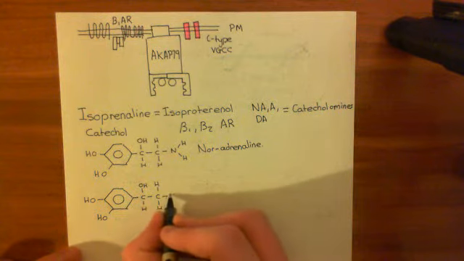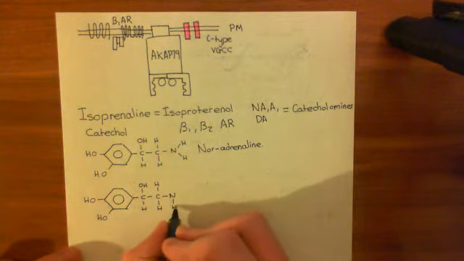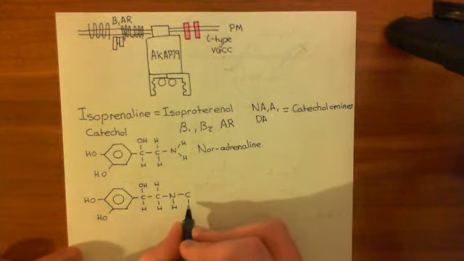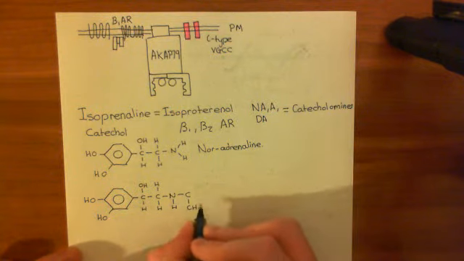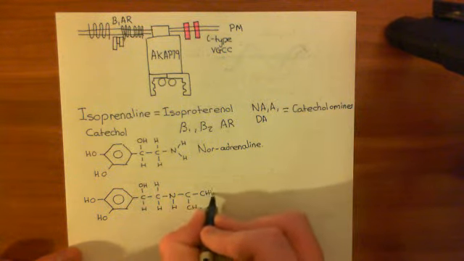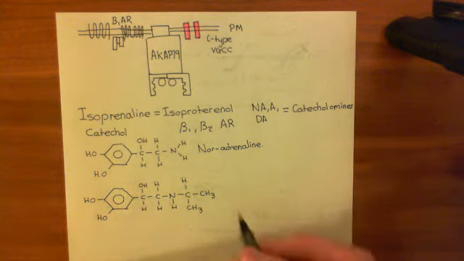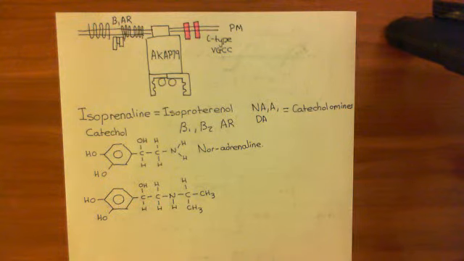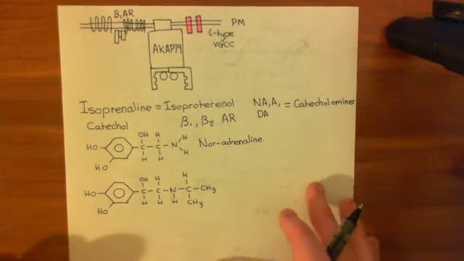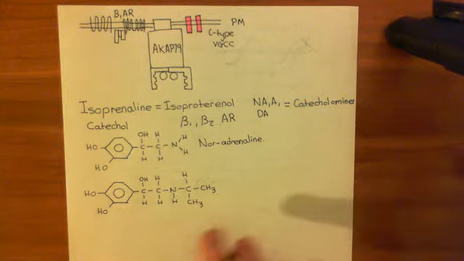Then finally you have this amino group again, but now you've linked a carbon off it. And this carbon then has 2 methyl groups coming off it, so 1, 2, and also a hydrogen like so. So that now is the structure of isoprenaline or isoproterenol, which is this non-selective beta agonist. So this is the drug that you'd use experimentally to stimulate beta-1 receptors on cardiomyocytes.